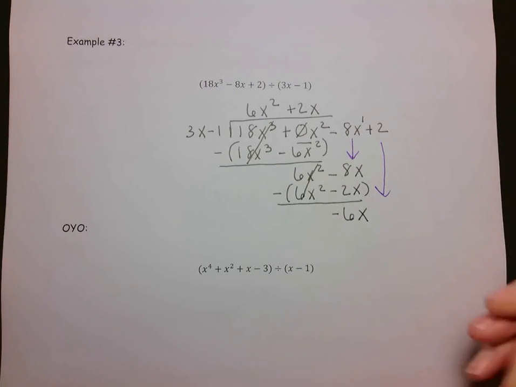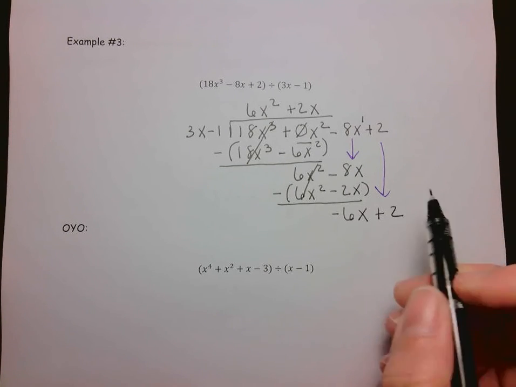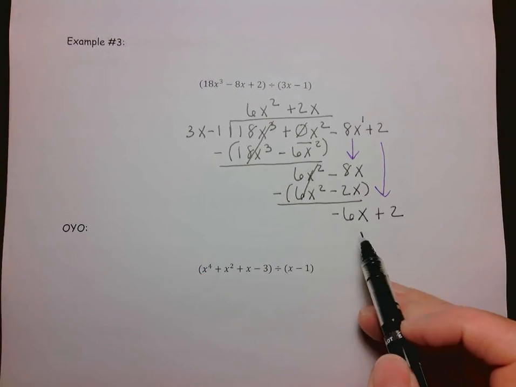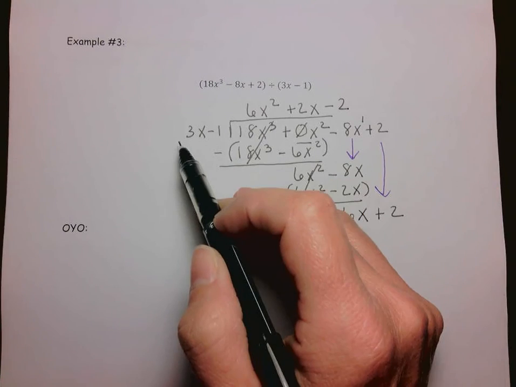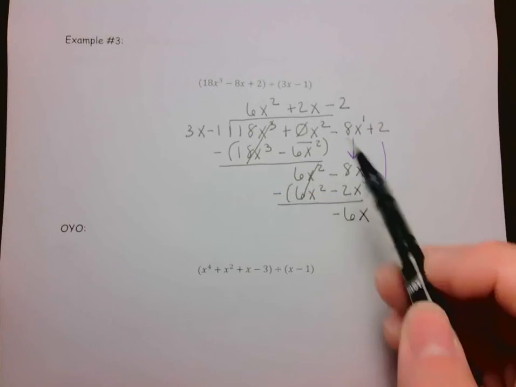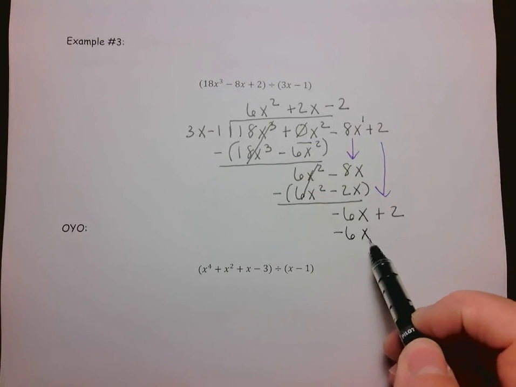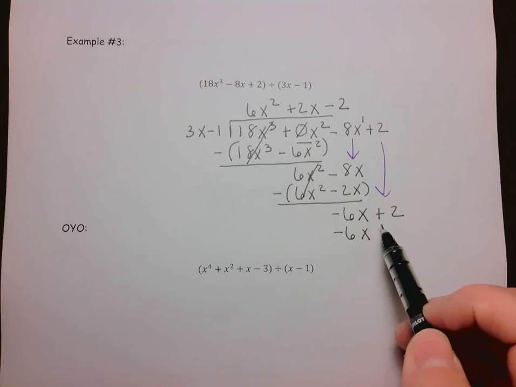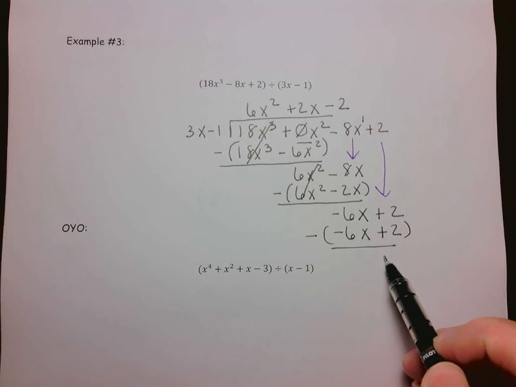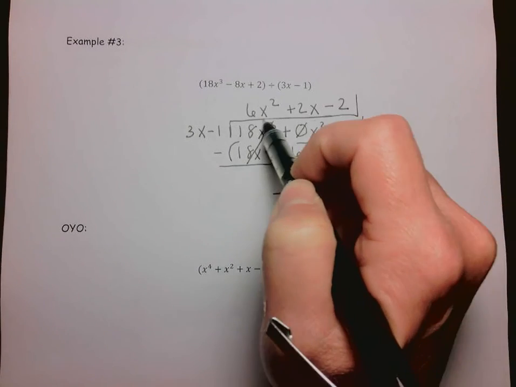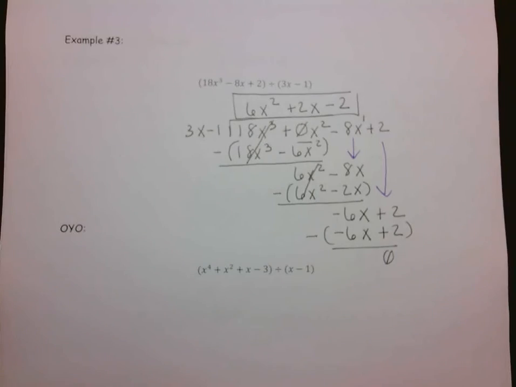Bring down the next term. What do I need to multiply 3x by in order to make it negative 6x? Negative 2 times 3x is negative 6x. Negative 2 times negative 1 is positive 2. Subtract down and you have no remainder, so this is your final answer.